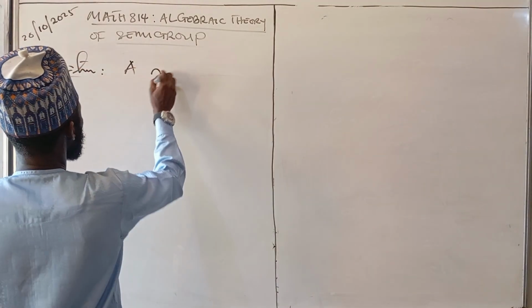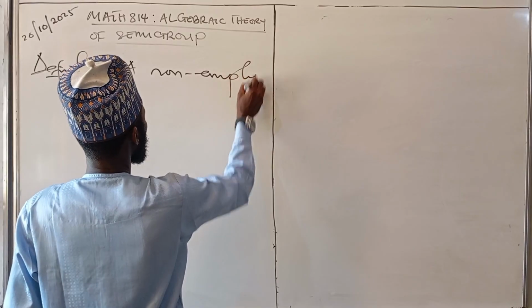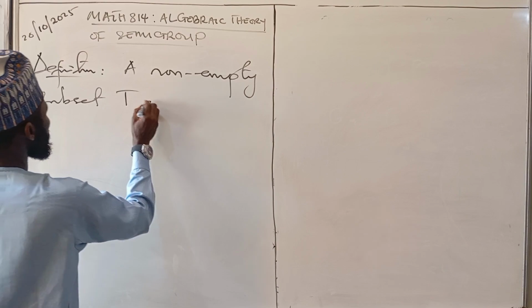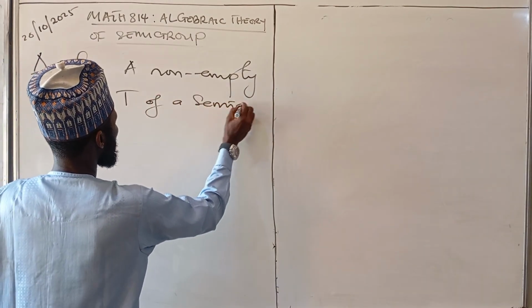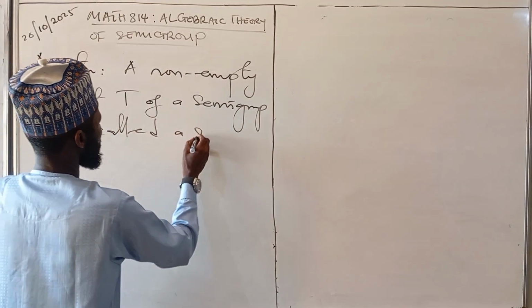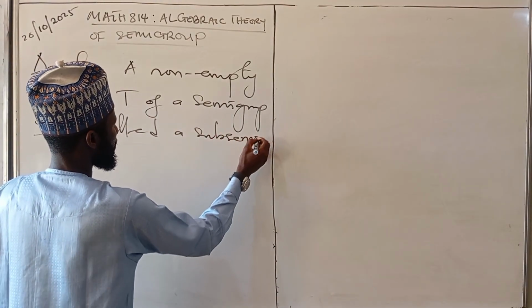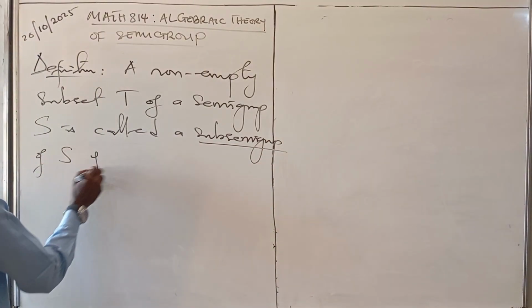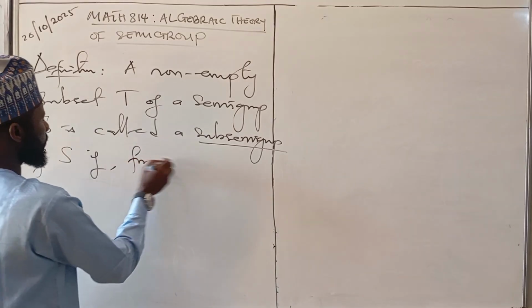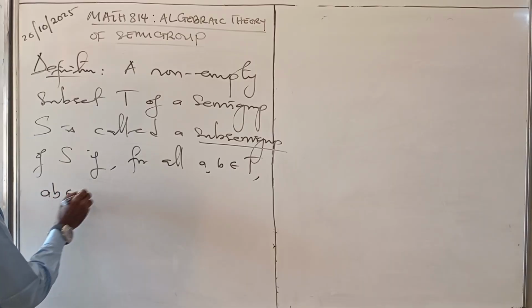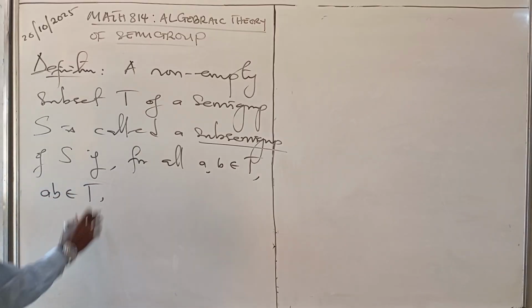A non-empty subset T of a semigroup S is called a subsemigroup of S if for all A, B in T, A times B is in T. That is all.